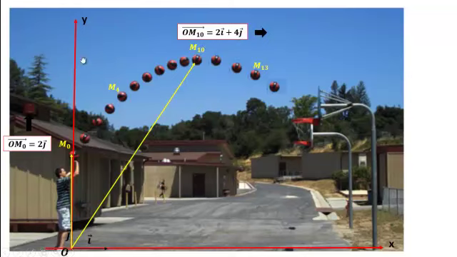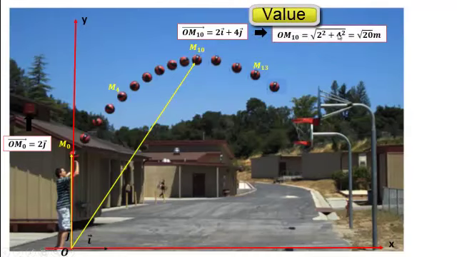Now how to determine the value of these vectors? Since it's a vector of the form xi plus yj, then we knew in the part before that in order to determine the value we use radical. So the value of OM10 will be equal to radical 2 square plus 4 square, equal to radical 20 meter.